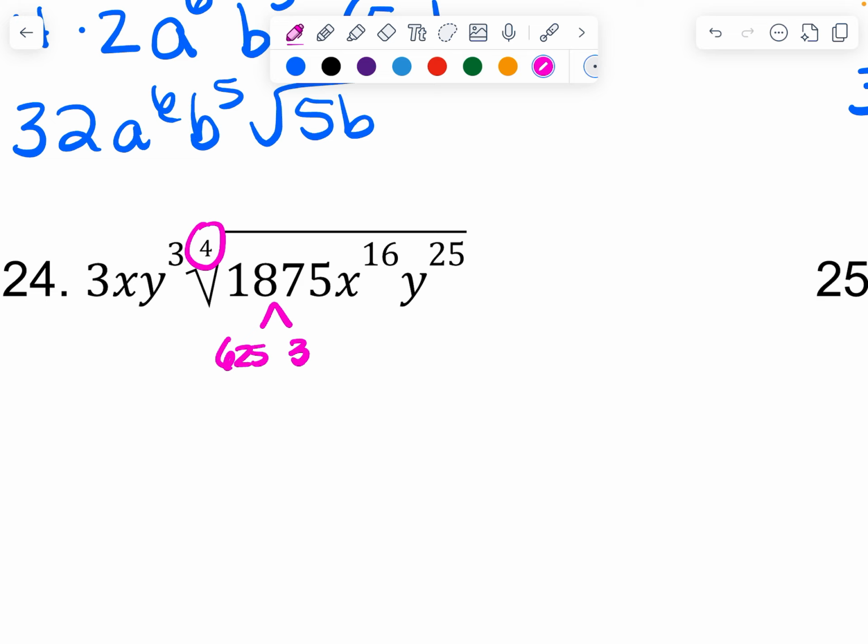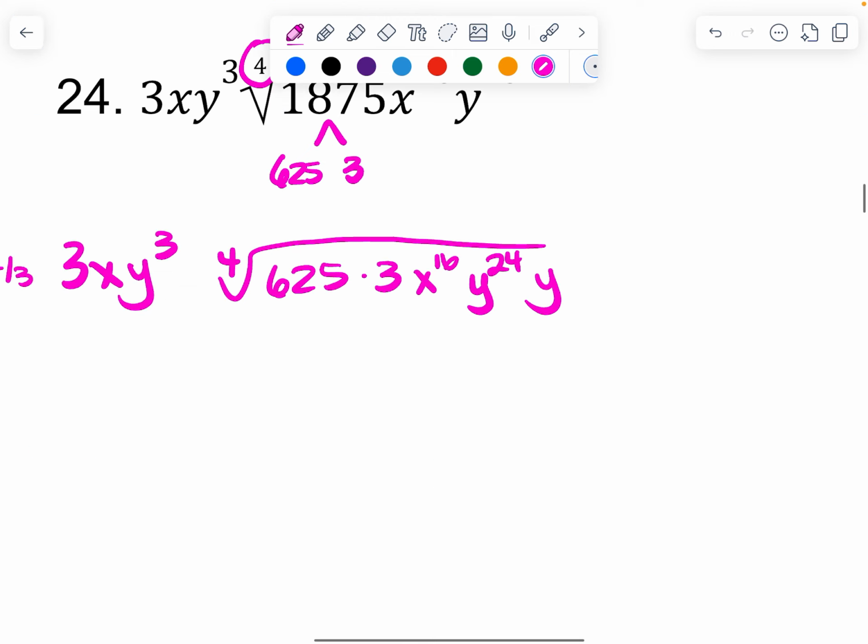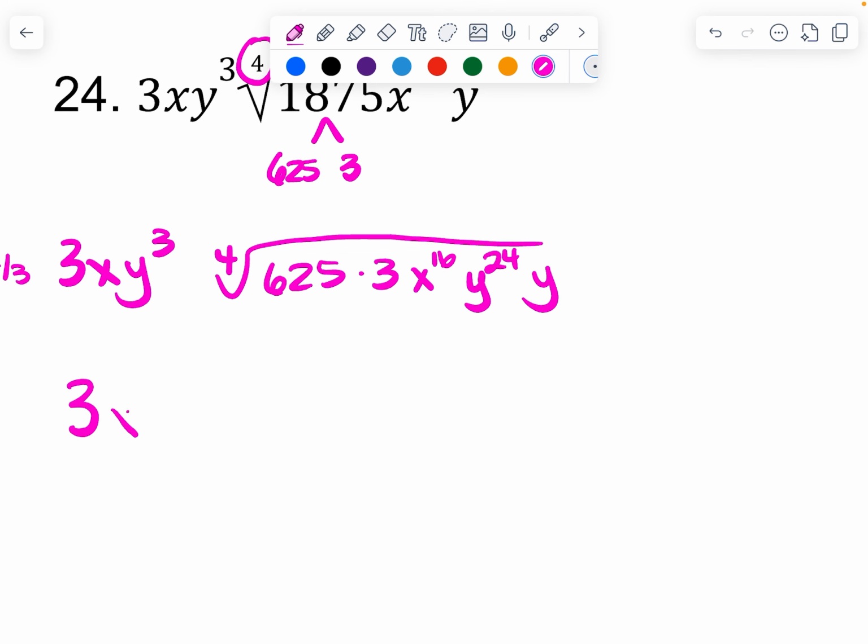Okay, so I need my exponents this time around to be divisible by 4. 625 times 3. Oh, 4 goes into 16 evenly. Voila, that's okay. Doesn't go into 25 evenly, but it does go into 24 evenly. So I have 3x to the third, xy to the third.